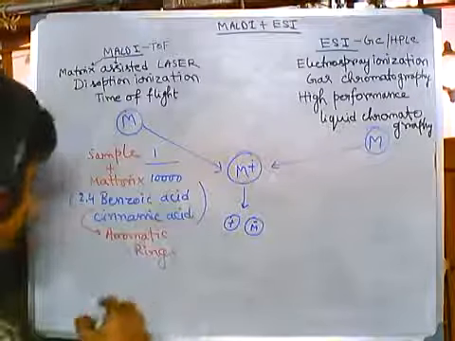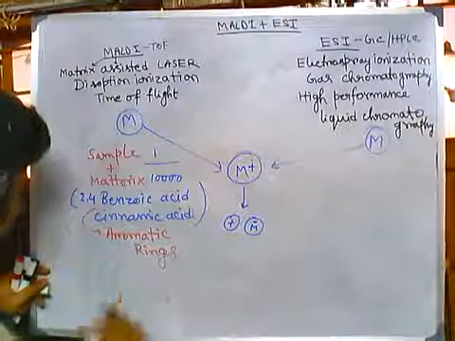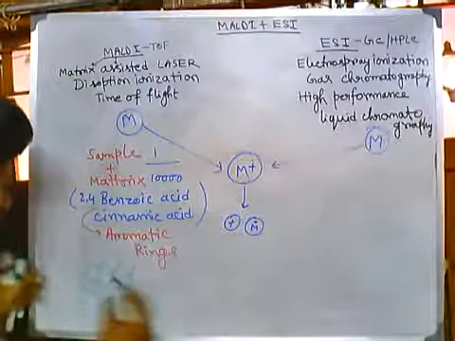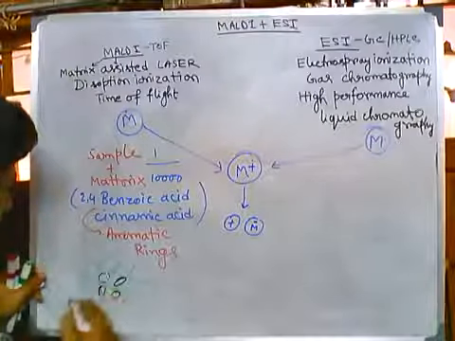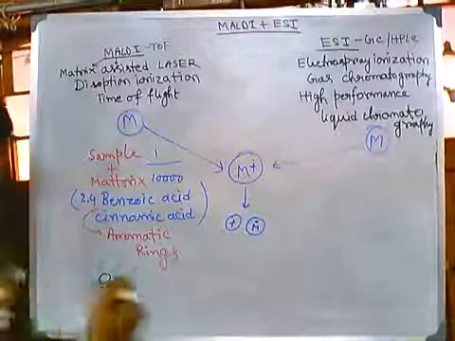And as they are providing the energy to the sample, if I draw the matrix here, say this is the matrix and here is our sample. Now they are entrapped, attached here. We are hitting them with laser.